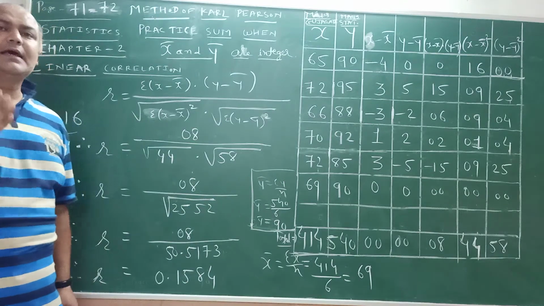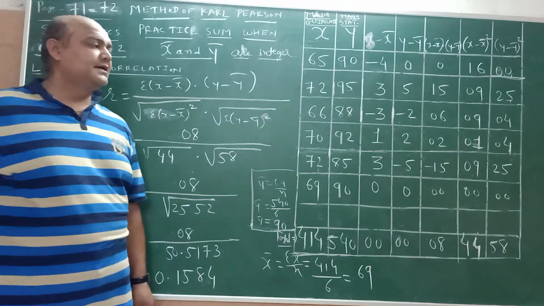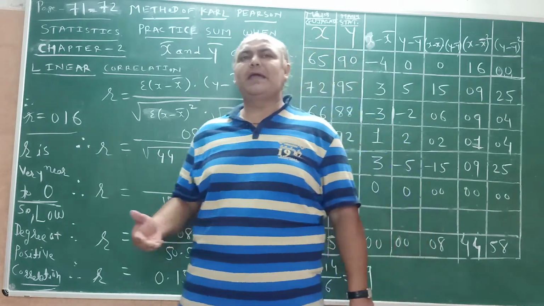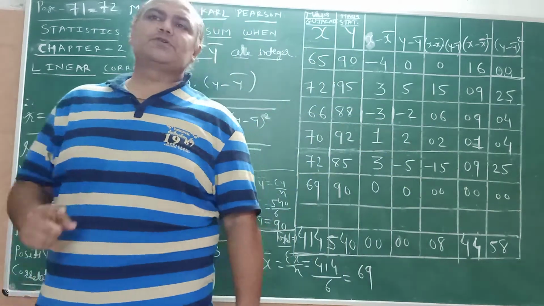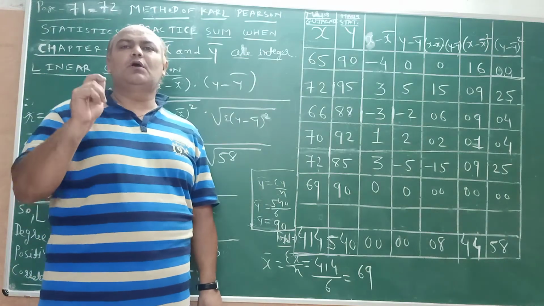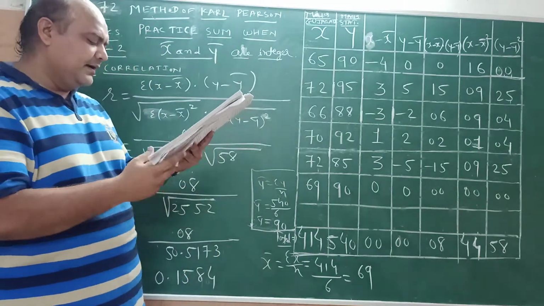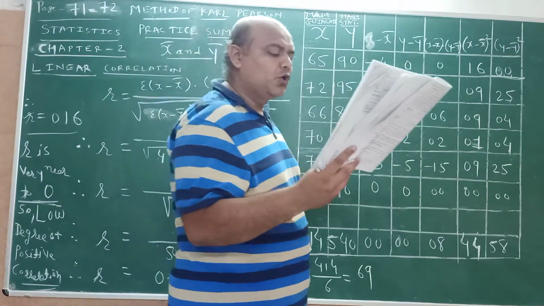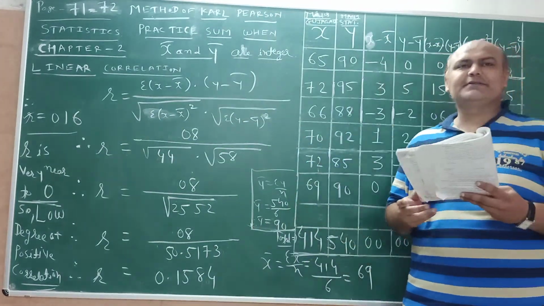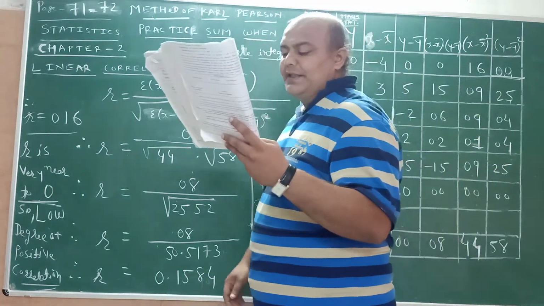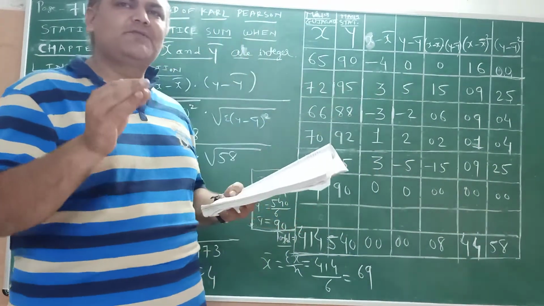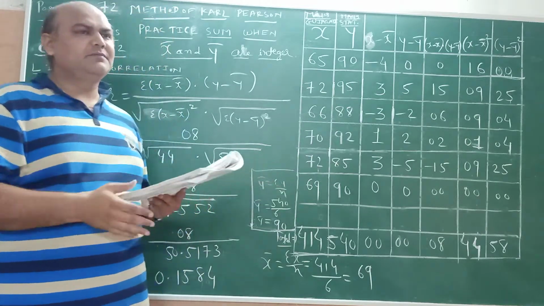Before deciding which method of Karl Pearson we have to apply, first of all we have to do the total of these 2 columns. They also write in the question: compute the correlation coefficient, that is r, between the marks obtained by the students in 2 subjects from the given data.